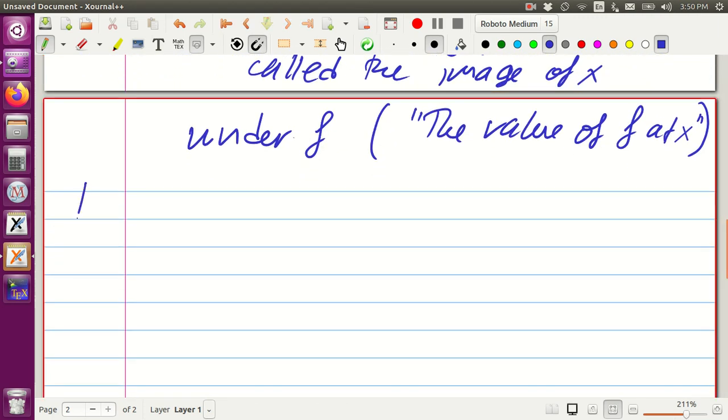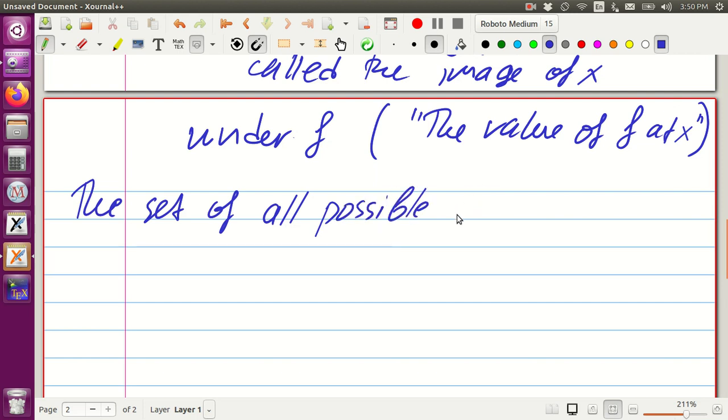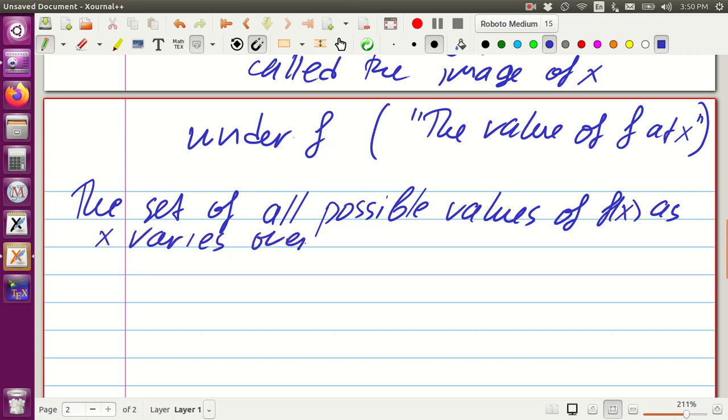All right, so we'll say that the set of all possible values of f of x as x varies over the domain is called the range of f.